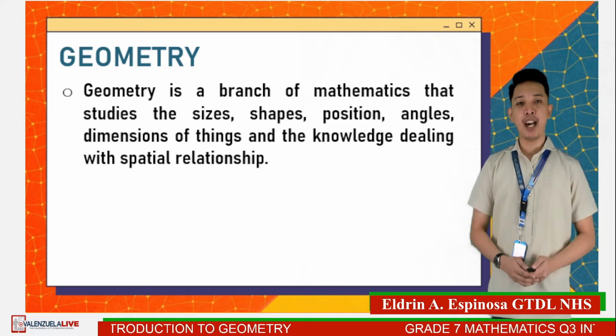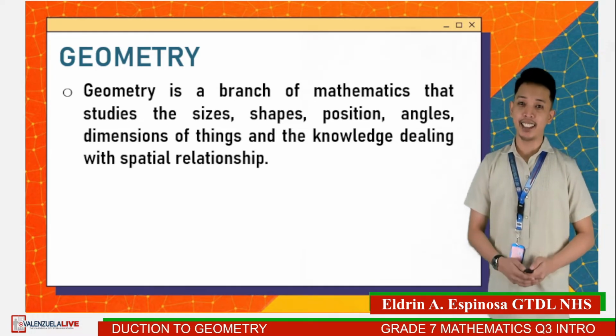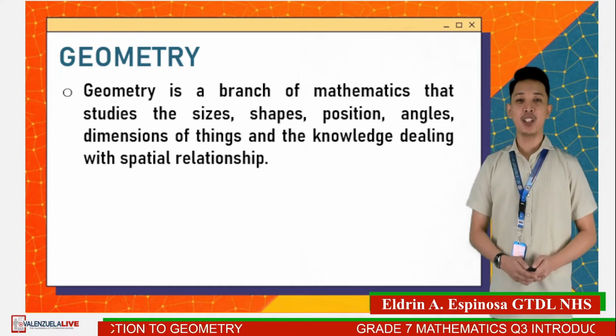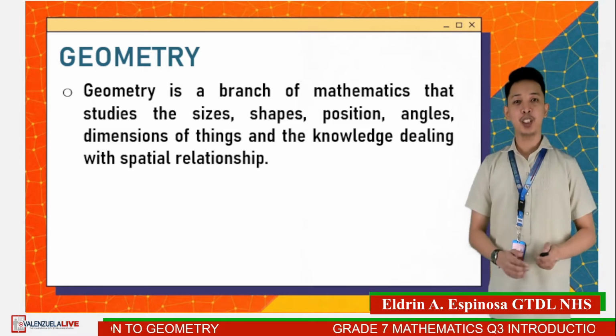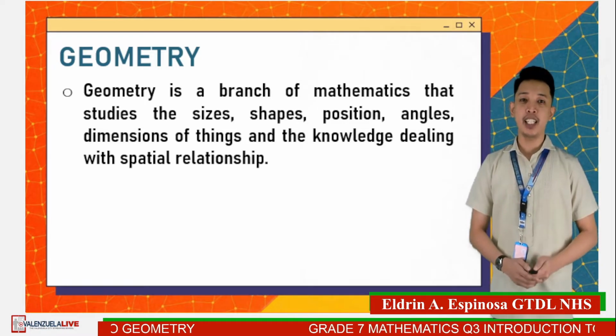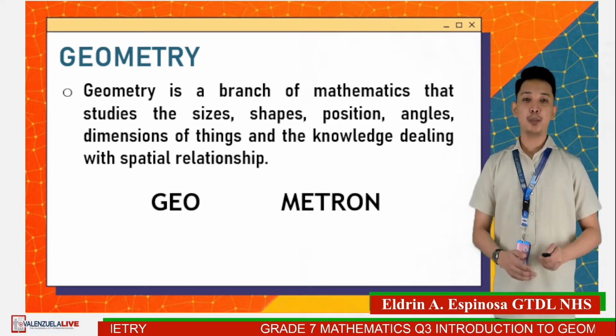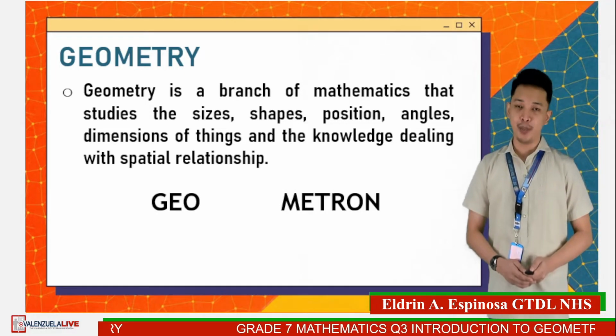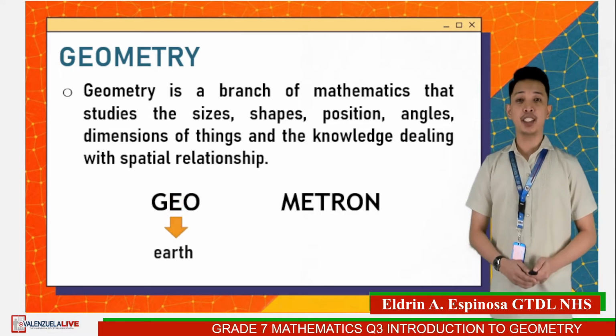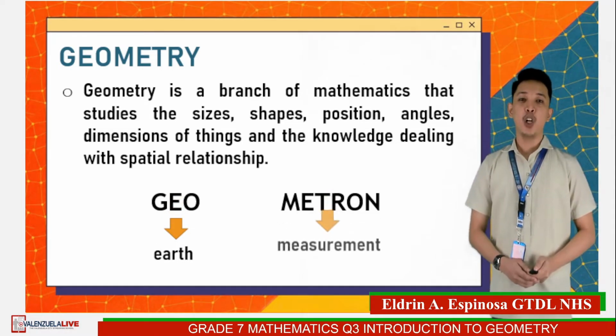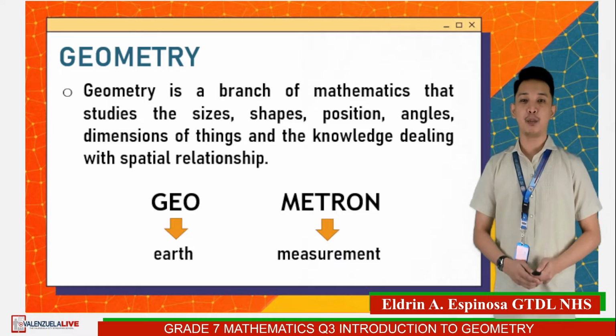Geometry is a branch of mathematics that studies the sizes, shapes, position, angles, dimension of things, and the knowledge dealing with spatial relationship. The word geometry comes from the 2 Greek words geo and metron. Geo, which means earth, and metron, which means measurement.